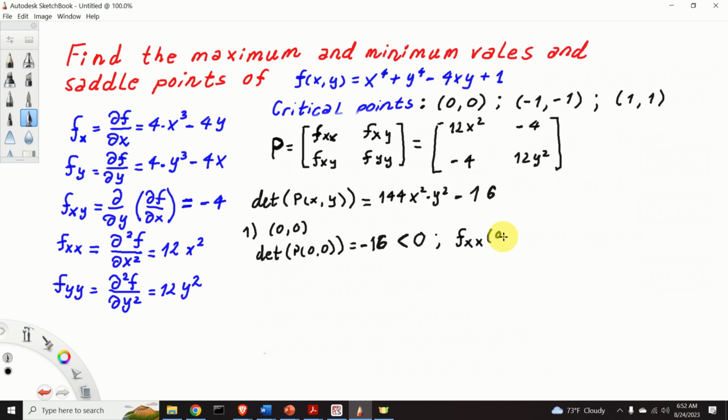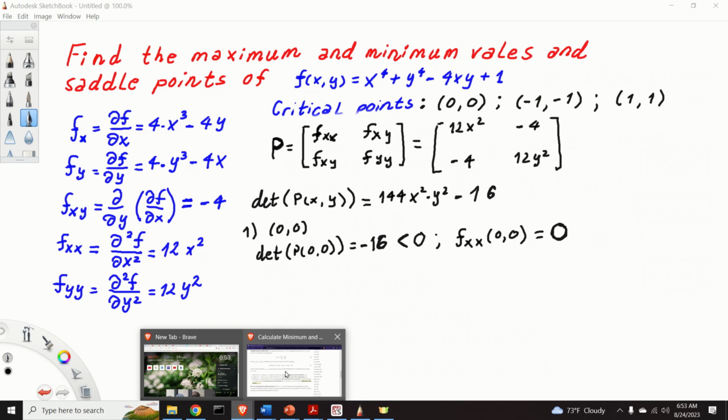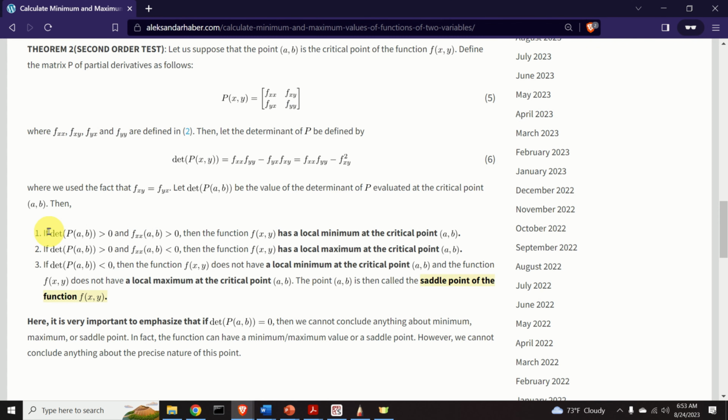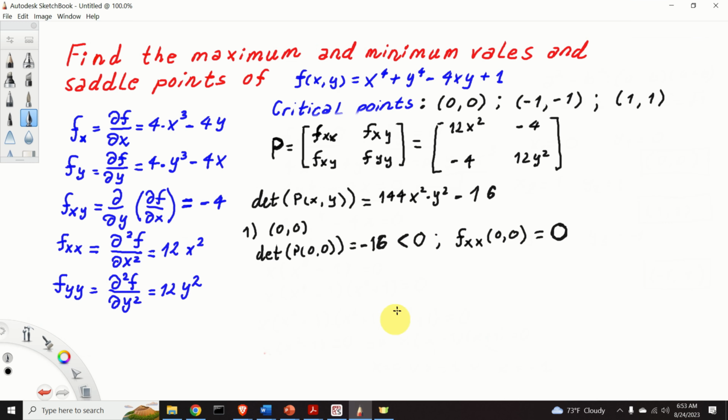At 0, 0, obviously fxx at 0, 0 is 0. Let's go back to our theorem. Let's see the case. Determinant larger than 0. That's not our case. Determinant smaller than 0. This means that the point 0, 0 is actually the saddle point. And we will denote here that this is actually the saddle point.